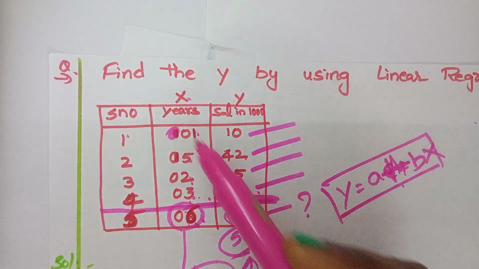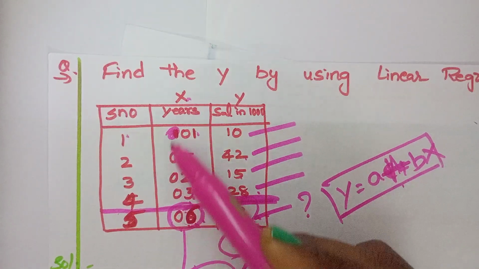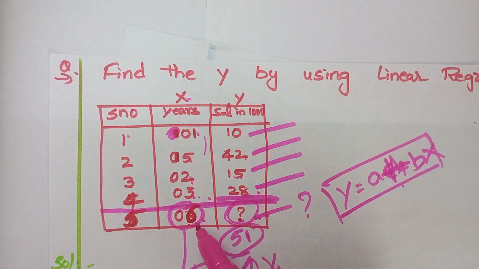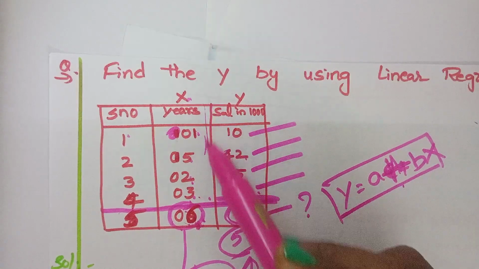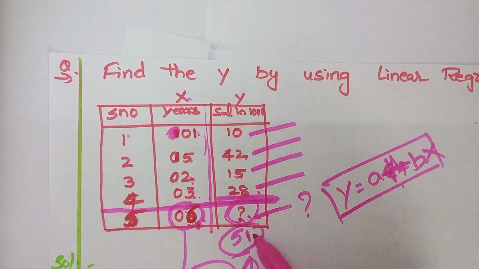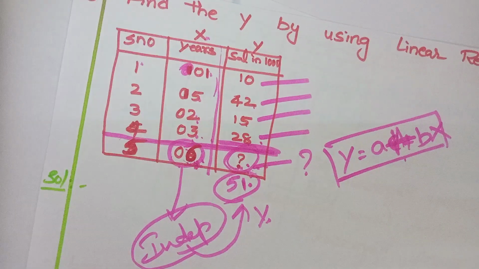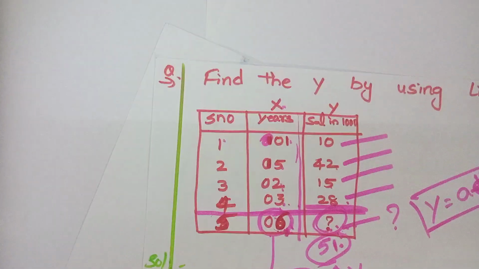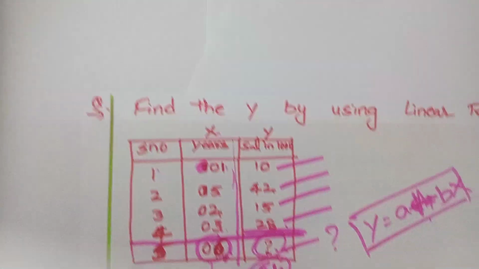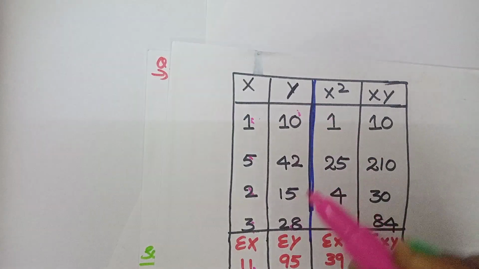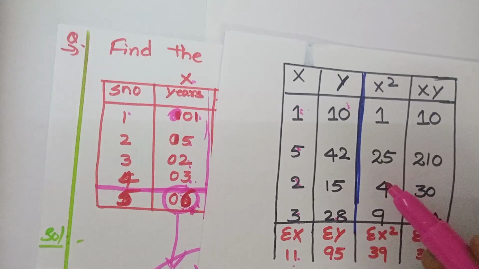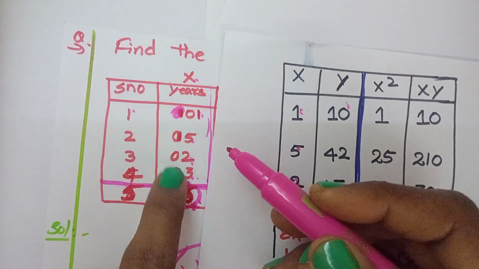Here x is independent. Based on this experience we are calculating the salary. So x is independent, y is dependent. Now we see the example. This is x given, this is y given, same as I have taken: 1, 5, 2, 3.